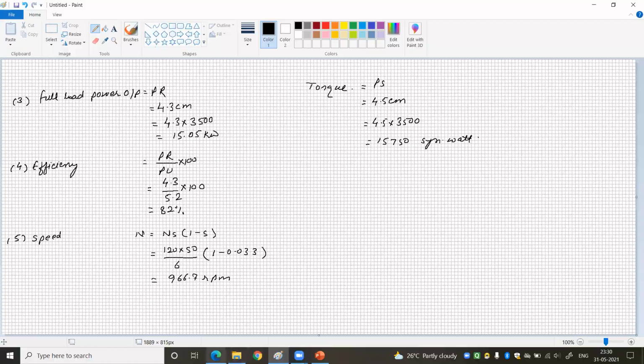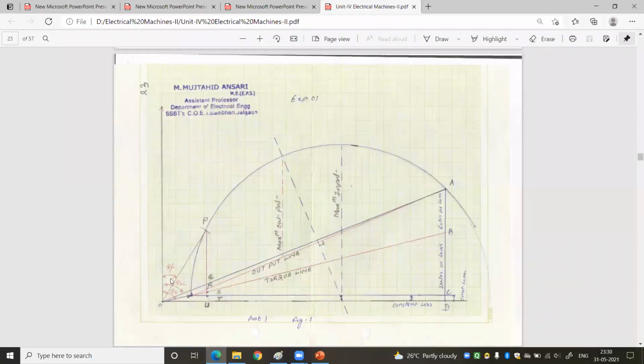Now, in the numerical, it is given that the full load current is 30 ampere. Many times the full load current we calculate by the circle diagram, when the output of the motor is given. So the output of the motor is converted into the power scale. Say, for example, a 15 kilowatt motor with 3,500 watt per centimeter as the power scale. Convert the output into centimeter, add it along the line, say D to A or A to B, and draw a parallel line to the output line.